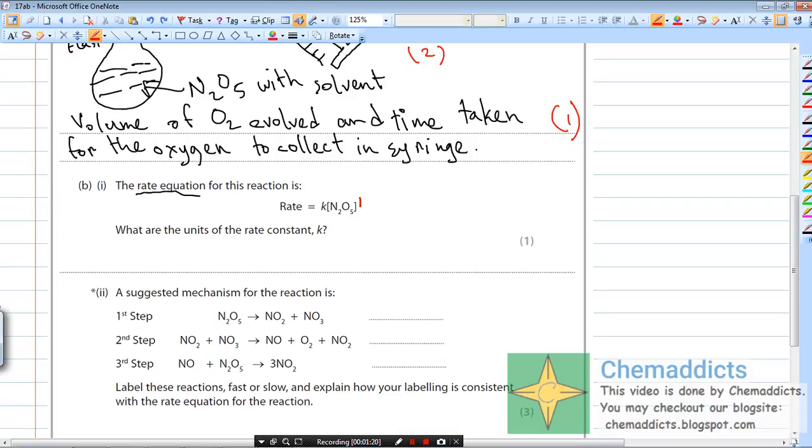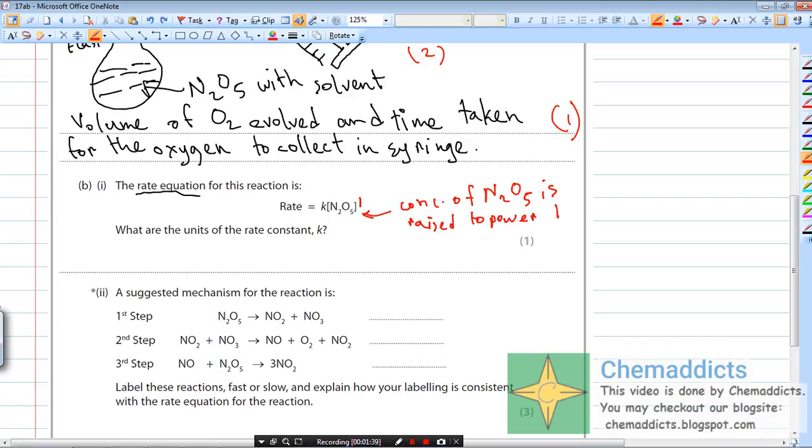In the rate equation, the concentration of N2O5 is raised to power 1.